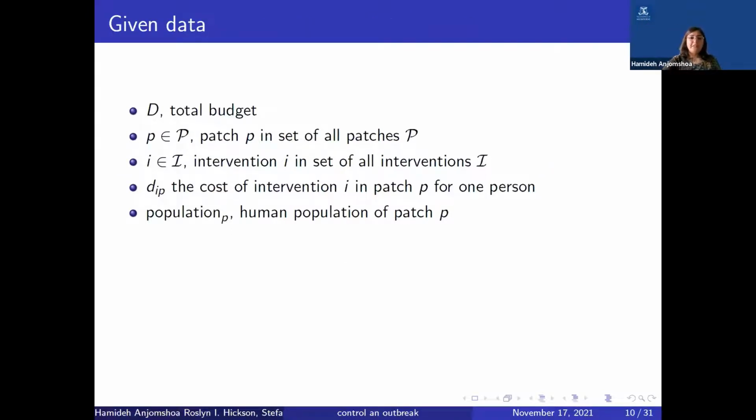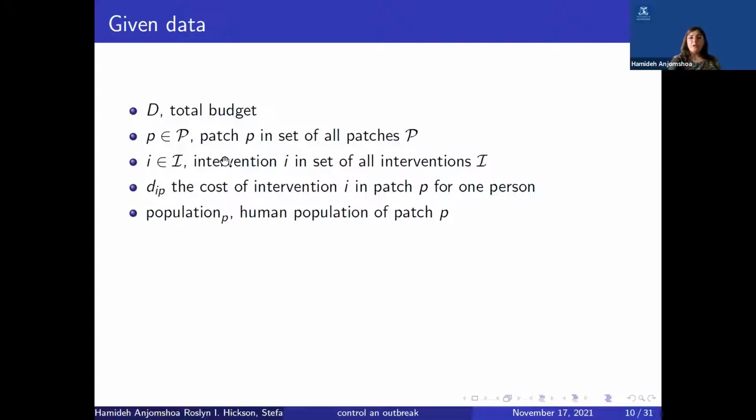Good. Now we start to look at what kind of information we have. This is the time we started to learn lots of parameters from the infectious disease area, and we tried to understand the input data, the decision parameters, the objective and constraints. We assume that we know the total budget, which we call D here.